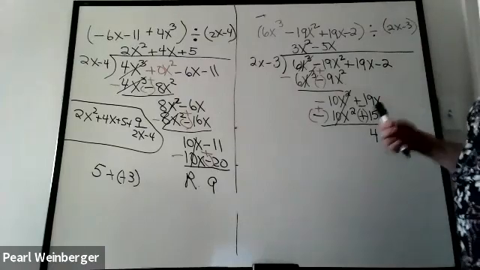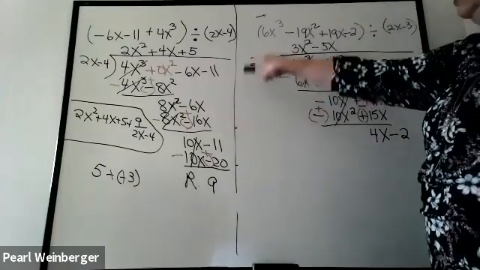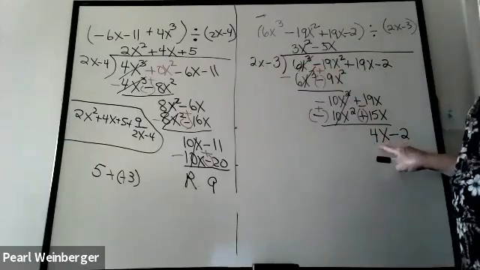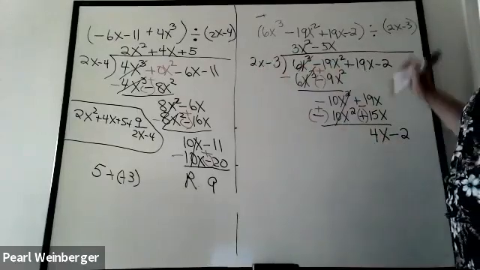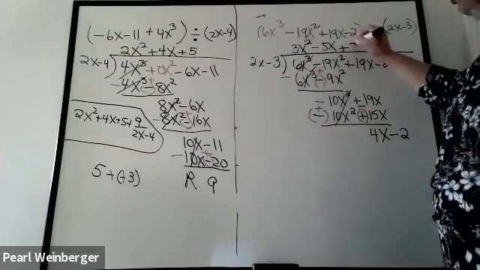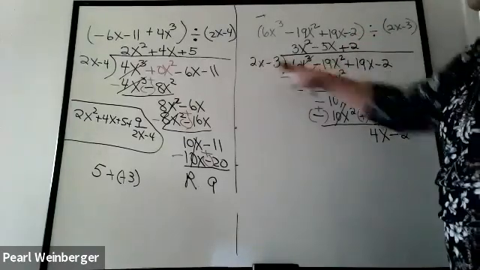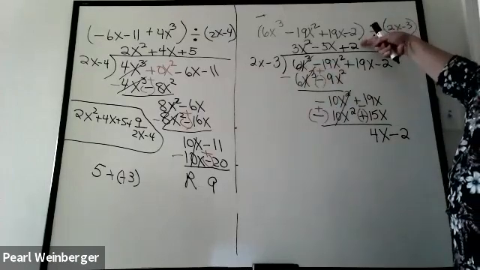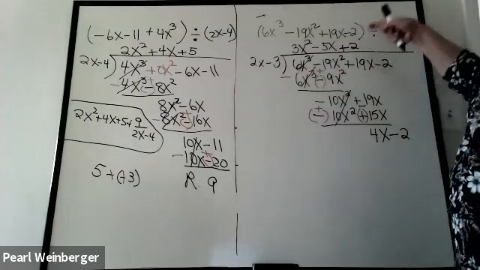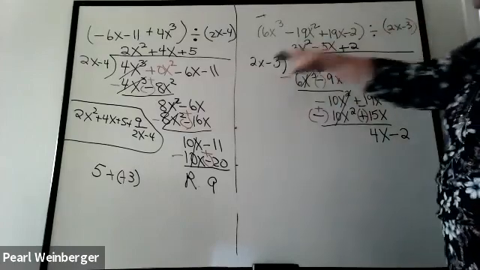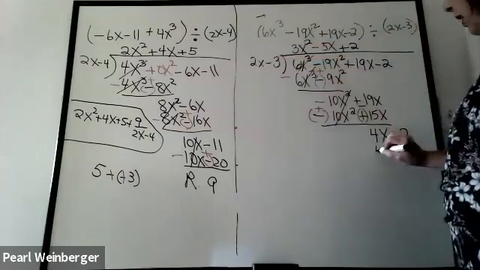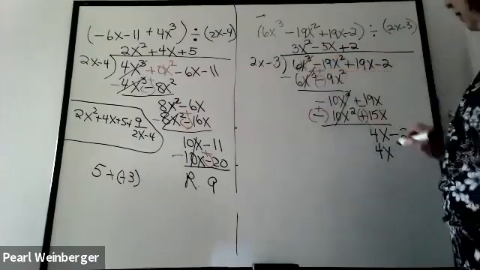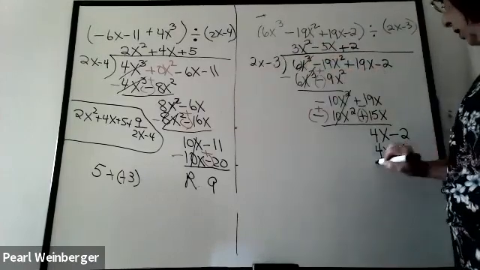And I start the process again by dividing. I take my first term, which is 2x, and divide it into 4x. So the 2 into 4 gives me positive 2. Remember, the x's are now canceling out. I now take that 2 that's on top and multiply by it. 2 times 2x is 4x. 2 times negative 3 is negative 6.